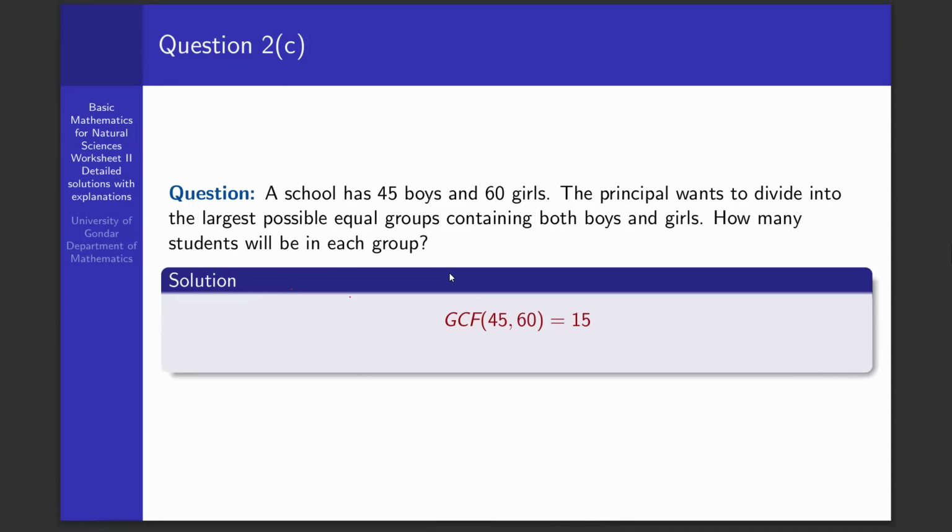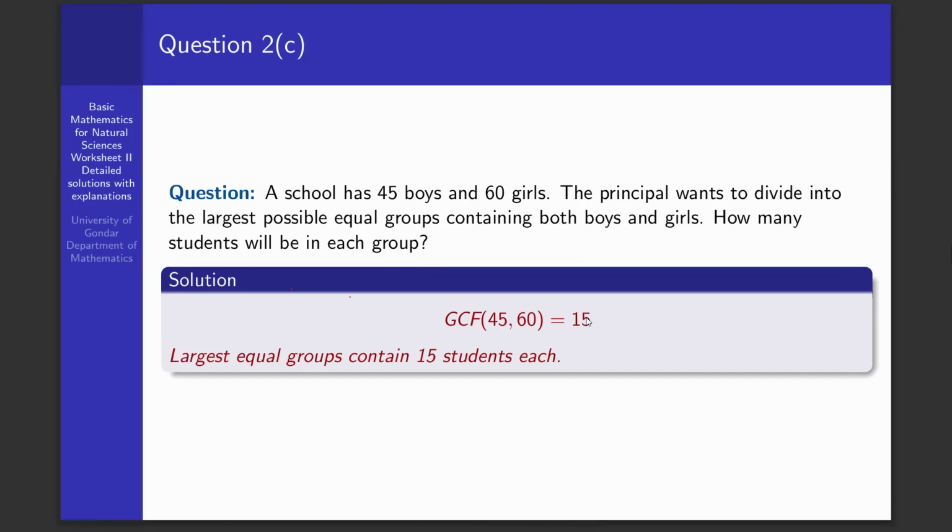The greatest common factor of the given numbers of boys and girls will be the maximum, or largest possible, equal group containing boys and girls. The greatest common factor of 45 and 60 is 15. So the largest possible equal groups containing boys and girls will have 15 students. That means the largest equal group contains 15 students each.